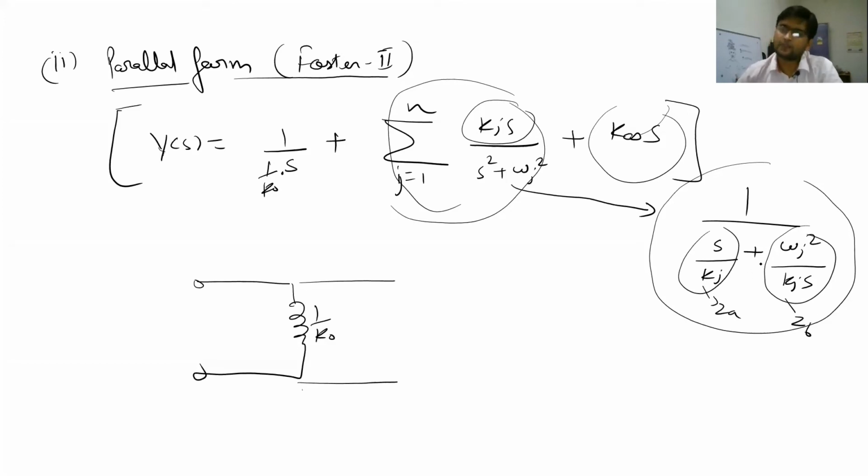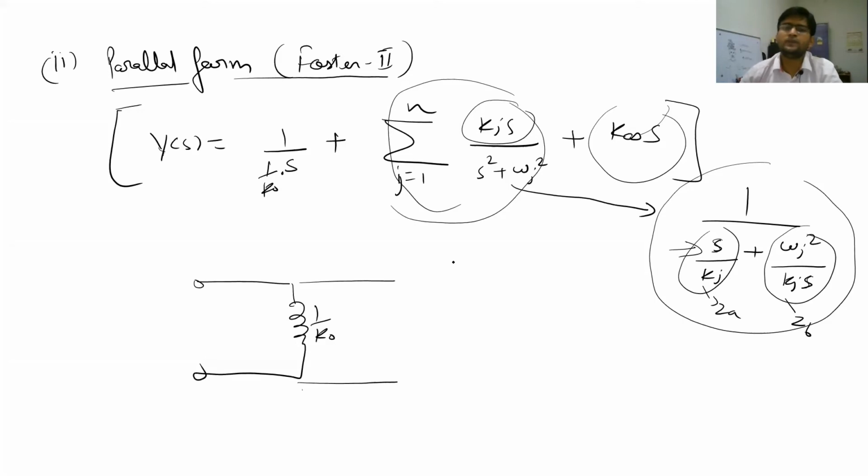So there is a summation of two impedance functions, and how will they be represented, parallel or series? Definitely series, because this is a summation of two impedance functions. So does this represent an inductor or capacitor? Since s is in the numerator, it represents an inductor, and similarly this will represent a capacitor.